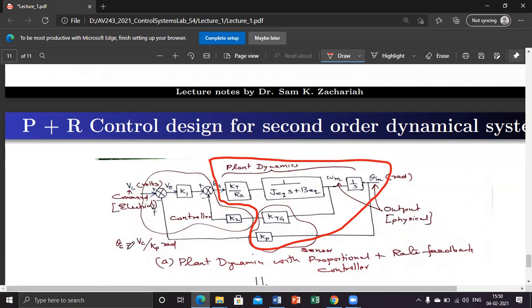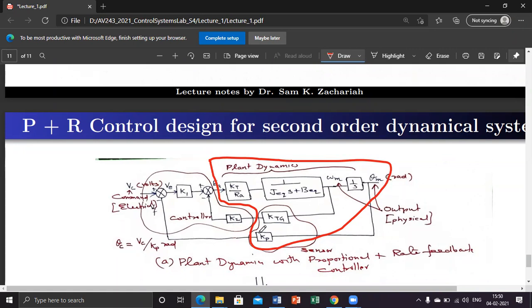As far as this structure is concerned, this is a position control system. So the command is the desired value of the position output, theta m, motor shaft deflection. Normally, we give all commands as electrical quantity. How do we interpret an electrical voltage with respect to command?